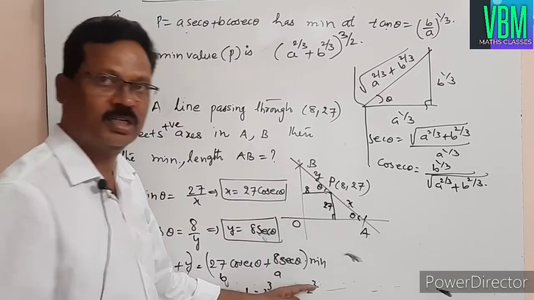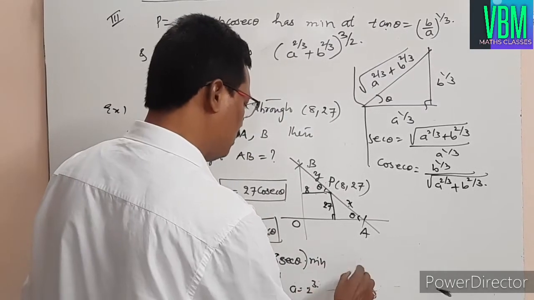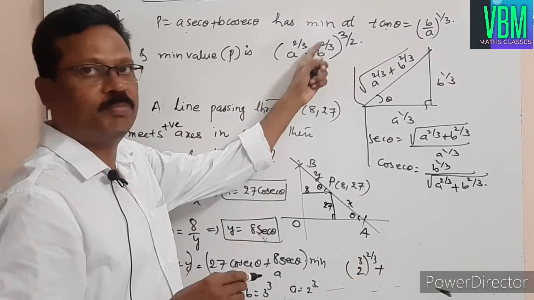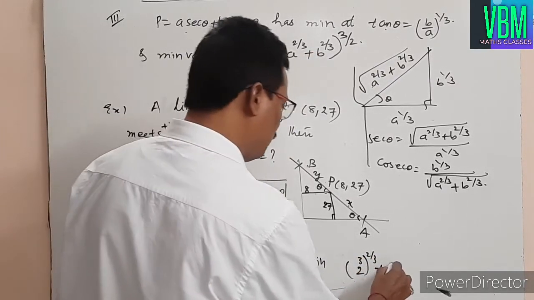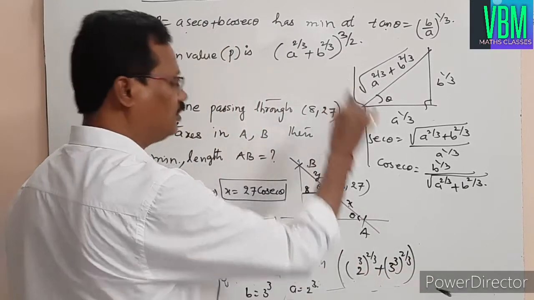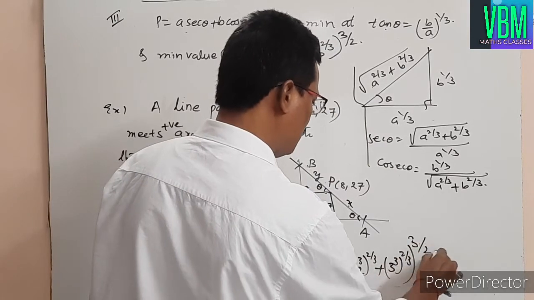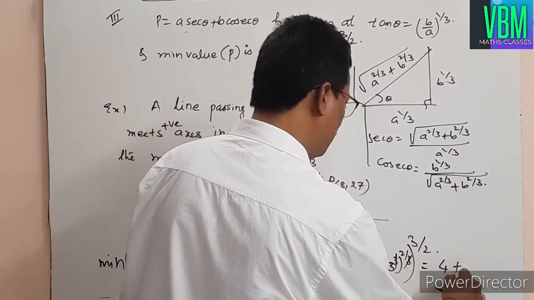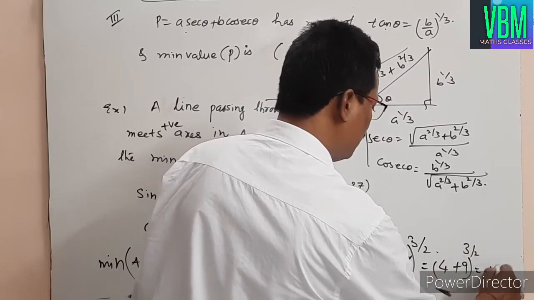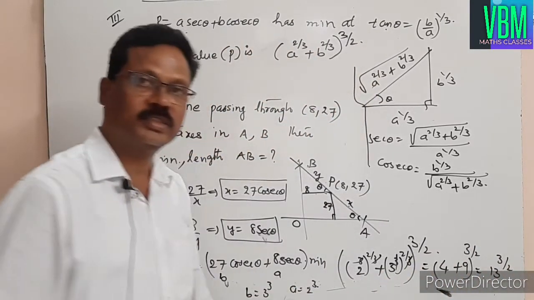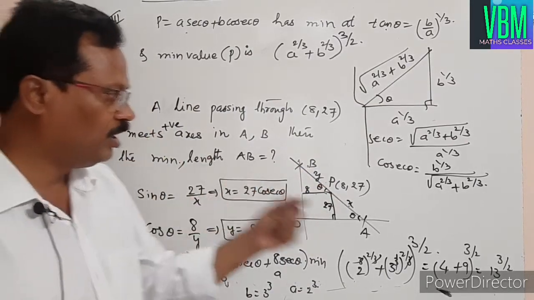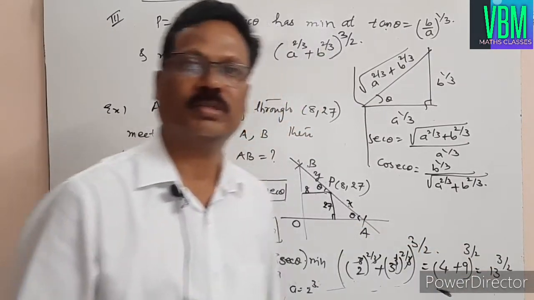The answer is 2 cube power 2 by 3 plus 3 cube power 2 by 3, whole to the power of 3 by 2. Now here 4 plus 3 square is 9, so 13 whole to the power of 3 by 2. Therefore the minimum length AB we got is 13 power 3 by 2.